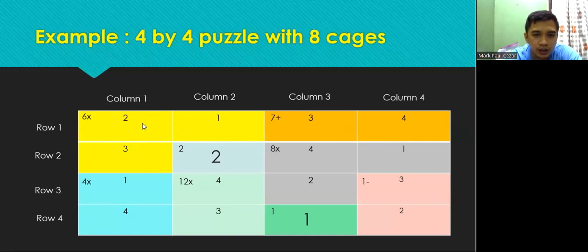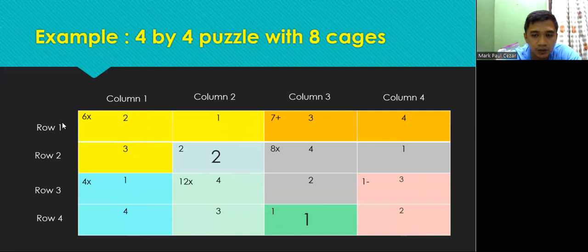Then let us check if we have any repeated number for each column and each row. For column 1: 2, 3, 1, 4. Column 2: 1, 2, 4, 3. Column 3: 3, 4, 2, 1. Then for column 4, we have 4, 1, 3, 2. So there's no repeated number, right?